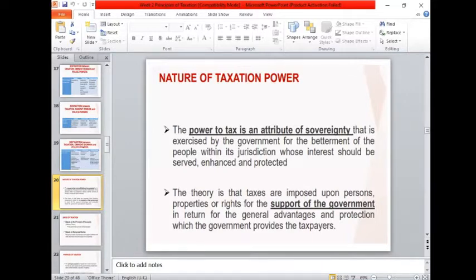That's why the taxation power is the attribute of sovereignty of the government to collect taxes or to enforce contribution from the persons, properties, and rights which the sovereign state has to cover in order to generate revenues for the government funds, that can be used for their function to protect humanity, to protect the welfare, to create economic activities that will improve the living of the sovereign state.